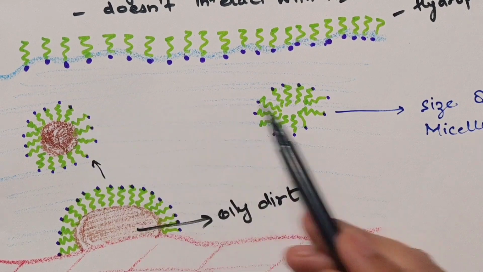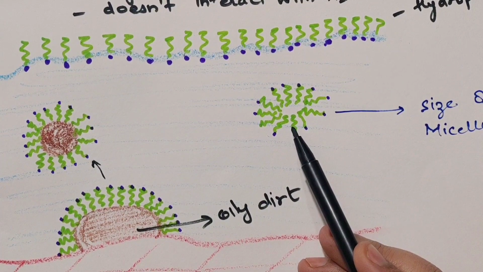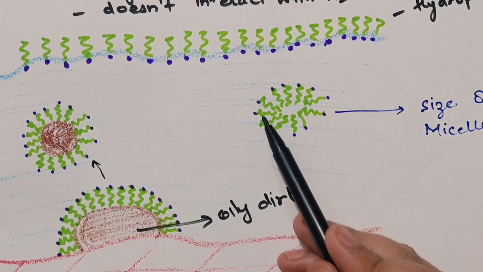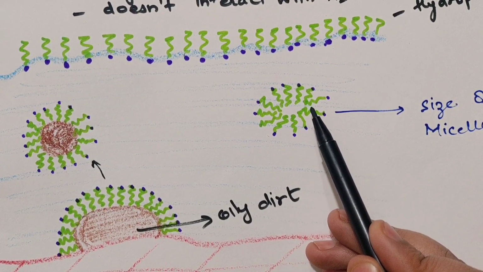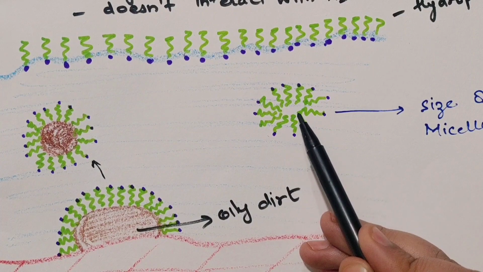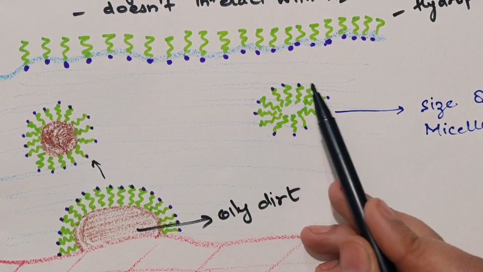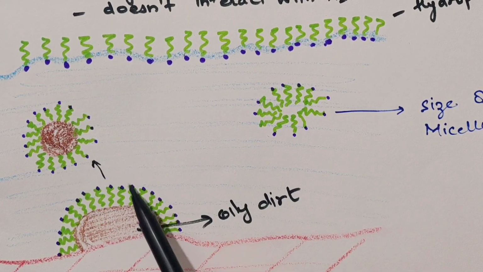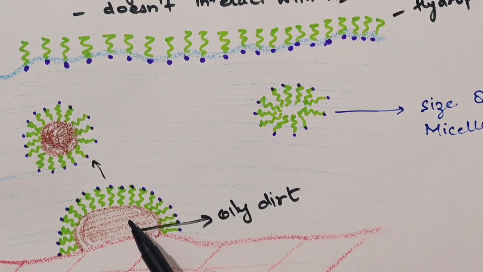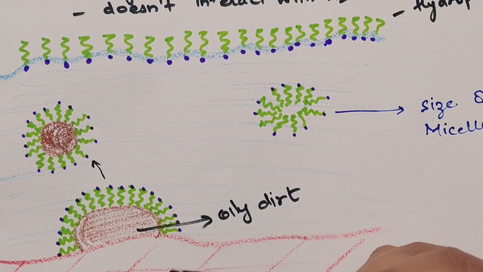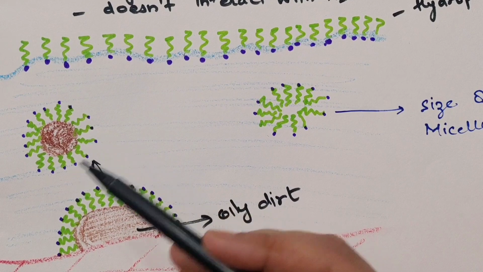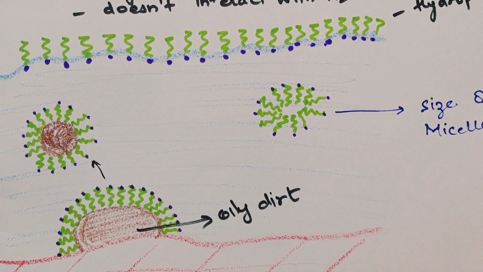This is also a micelle. Even though it doesn't have the oily dirt inside it, it is still a spherical structure where the hydrophobic part is on the interior and the hydrophilic part is on the exterior. Now that the oily dirt has been pulled off from the fabric and it's on the inside of the cluster, it can easily be washed away.